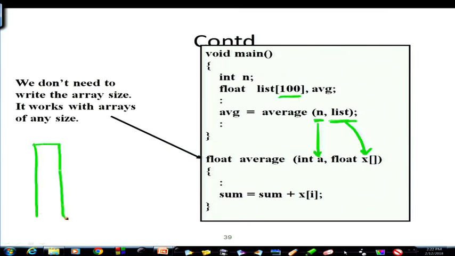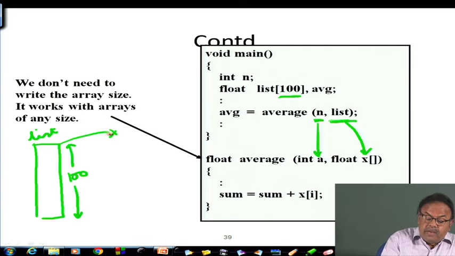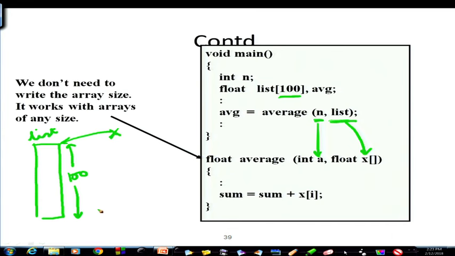I have got a 100 element array, this is my list. I know what I have passed to x is just the address. So, whatever it is, 100 or 150, that will be true for x also, right. So, we do not need to write the size of the array.